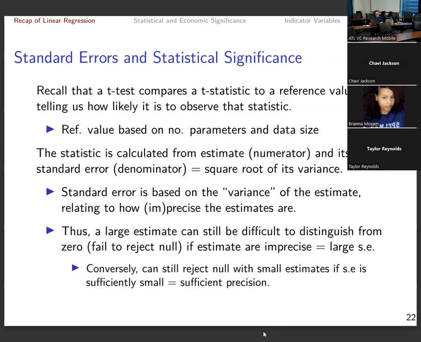And so in that case, I would not be able to reject the null, because I don't have enough data to make that conclusion. And that's where it says, conversely, you can still reject the null for a small coefficient if the standard error is sufficiently small. In that case, I have just tons of data.